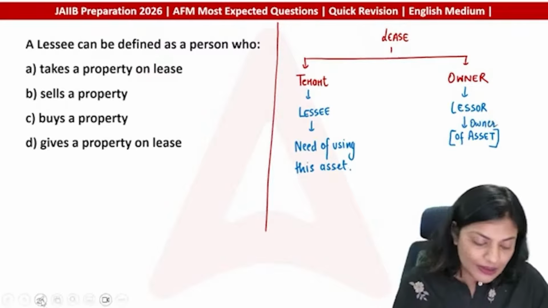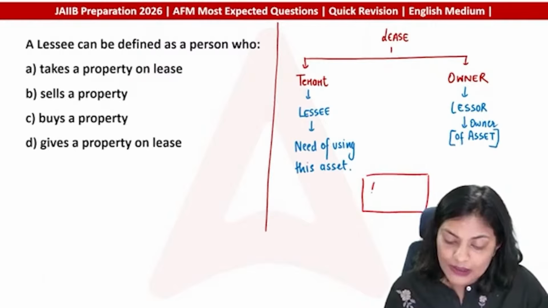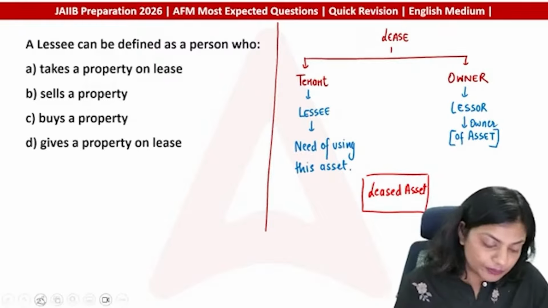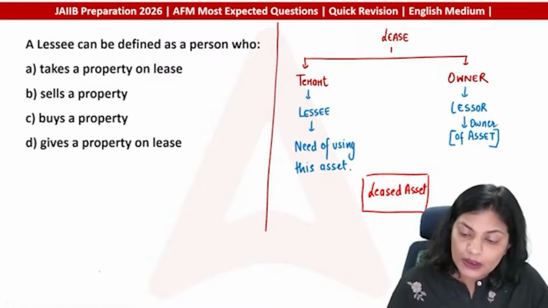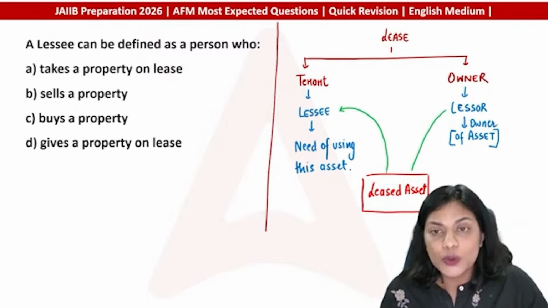The asset that we are referring to in our case is basically called the leased asset. Now, the lessor would provide this asset on lease to the lessee.